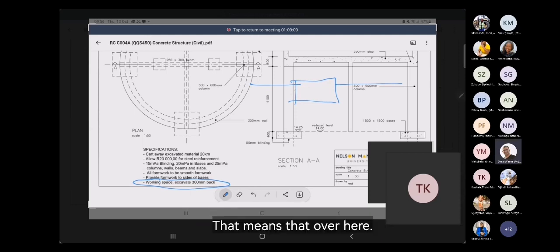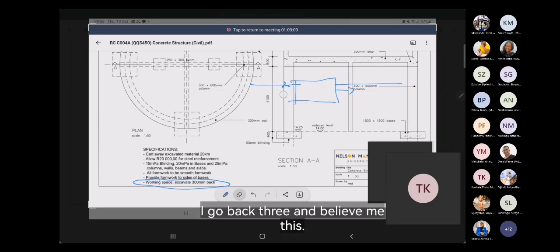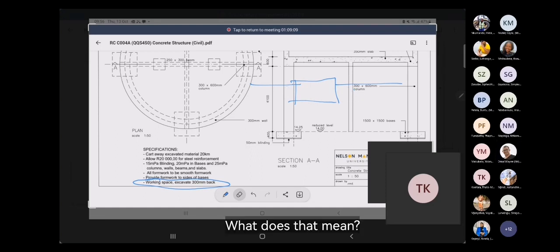That means that over here, I would go back 300 millimeters. Right? I go back 300 millimeters. What does that mean?